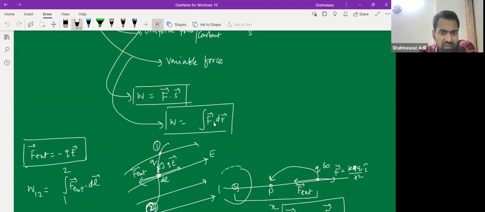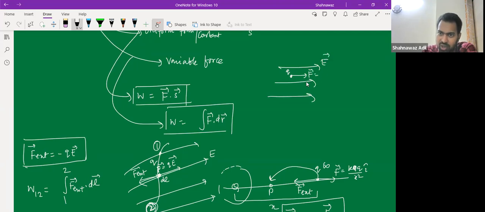A similar idea we apply for the case of the electric field. When you place some charge in the electric field, it will experience some force in this direction, right?